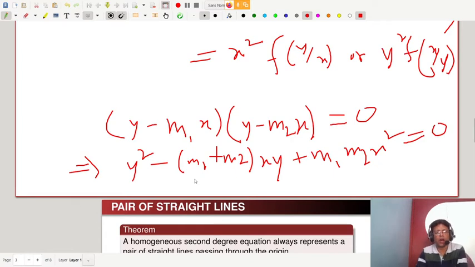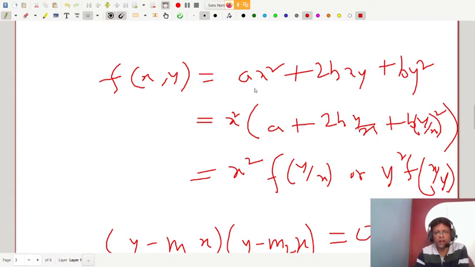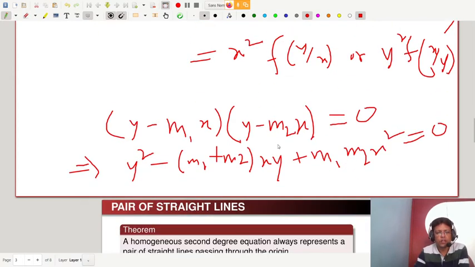So that is a homogeneous second degree equation, because already I explained it is in this form. This represents a homogeneous second degree equation, and y minus m1x, y minus m2x is the combined form of the pair of straight lines. It represents the pair of straight lines.